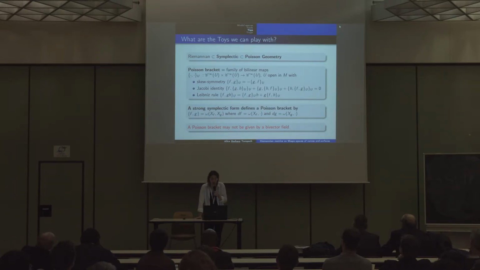And if you start with a strong symplectic form, then it defines a Poisson bracket just by the formula that if you plug into the symplectic form the vector fields associated to the differentials of your functions, this gives you a Poisson bracket. And here you really need that the symplectic form is strong.